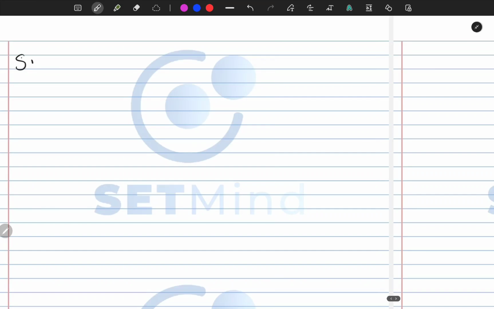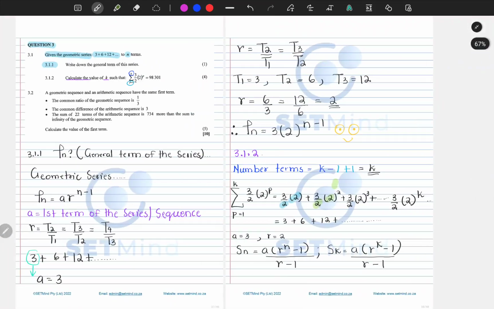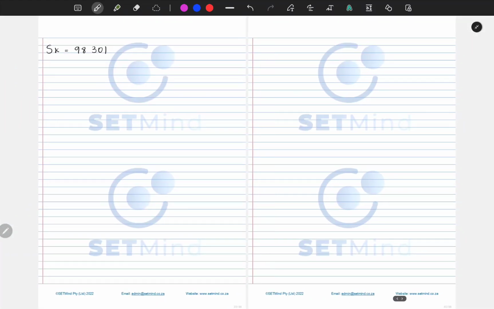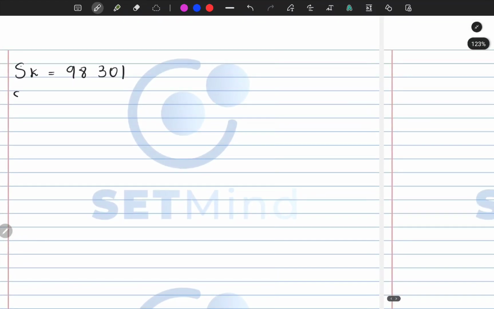So we know that the sum of k terms should give us 98,301. Let me just confirm. Awesome. And we know that the sum of k terms is a into r to the n minus 1 divided by r minus 1. So let's go and substitute the a. The a, we know it is 3.